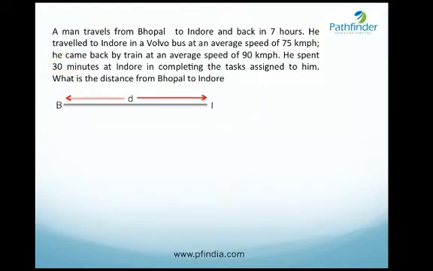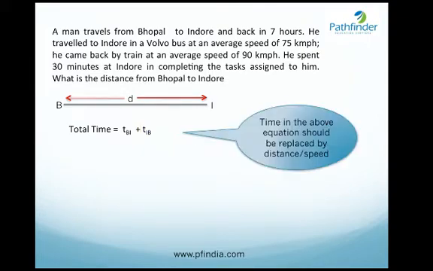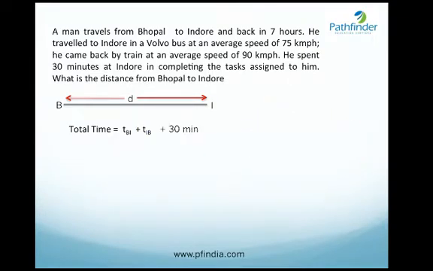So how did we spend this 7 hours? The total time has been spent in going from Bhopal to Indore, represented by TBI, plus in coming back from Indore to Bhopal, represented by TIB, and there is a third component, that is 30 minutes, which has been spent in tasks assigned at Indore.